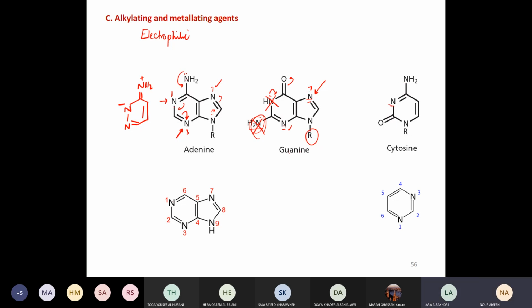Yes, دكتورة. Exactly, because also if you will draw a resonance structure, you will see إنه أنا في عندي, let's say, high electron density on this nitrogen.